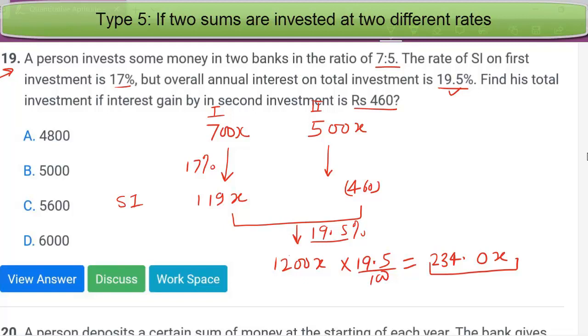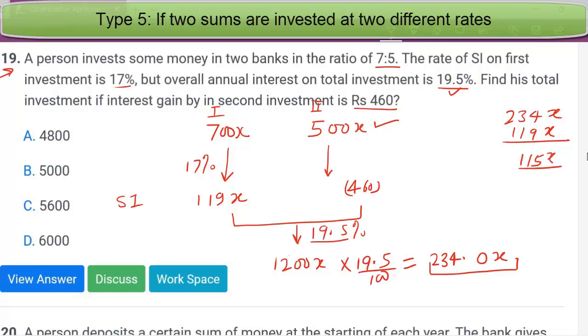So obviously if you subtract 119x, then you can find in x terms what interest he is getting on the 500x amount. So that will be 234x minus 119x, that is 115x.